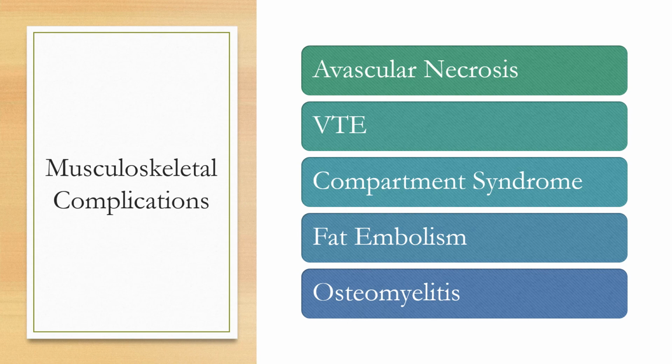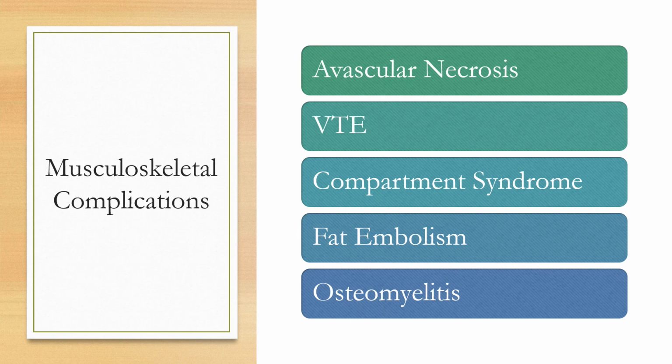A fat embolism is where bone marrow and fat leave the fracture site and travel into the bloodstream and deposit in the lungs, in the brain, in the skin, and we'll talk about that. And finally, osteomyelitis is a bone infection. What's the most common way of getting osteomyelitis? A compound or open fracture, right? Compound and open are the same term.